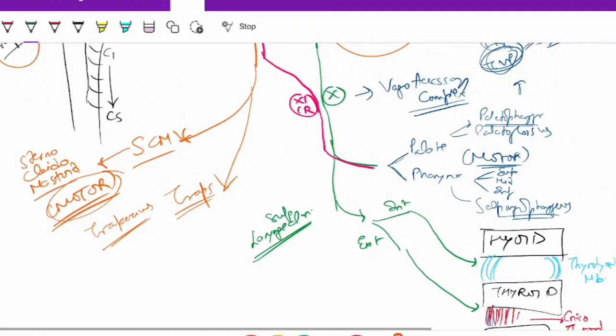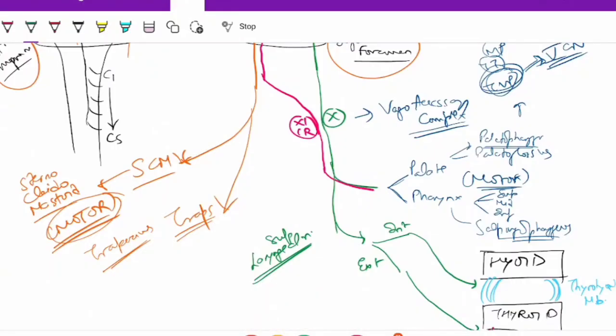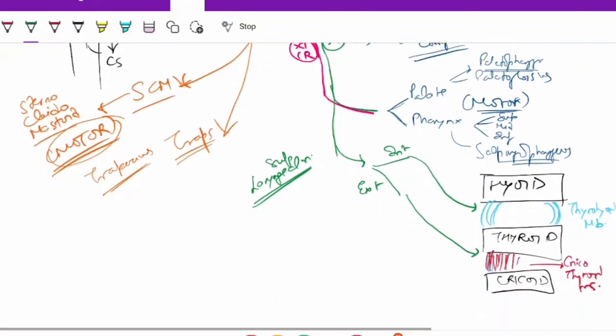So what did we see first of all? We saw that the vago-accessory complex supplies the palate and pharynx muscles. It was a motor supply. Then we saw that the vagus continues its journey down and gives off a branch known as the superior laryngeal. Superior laryngeal divides into internal and external laryngeal.